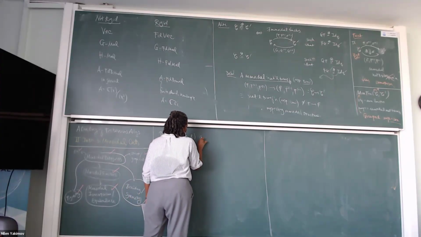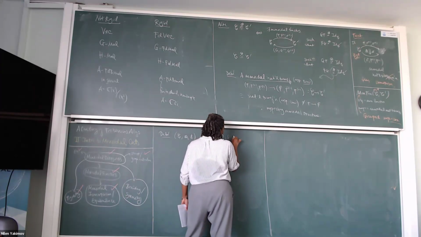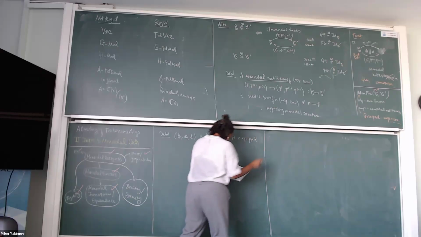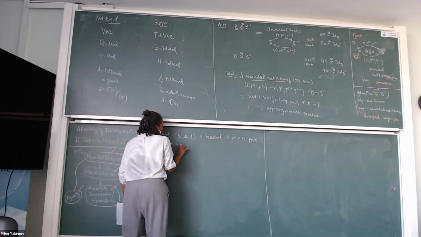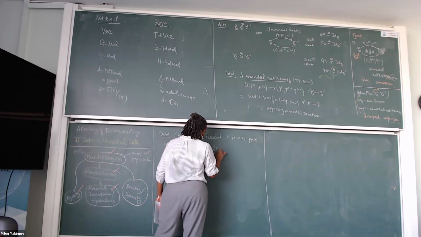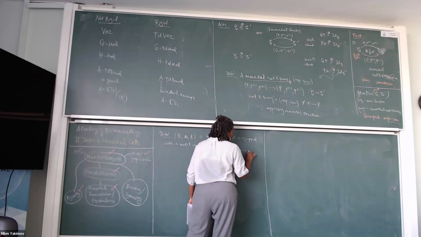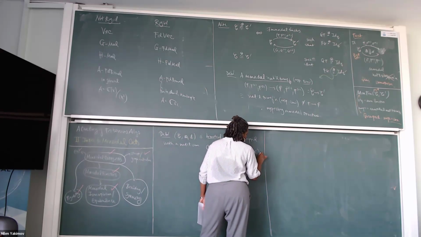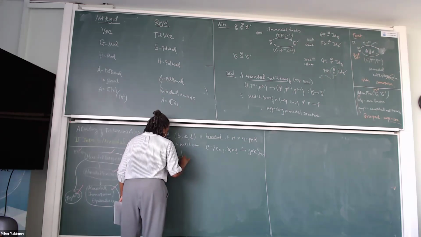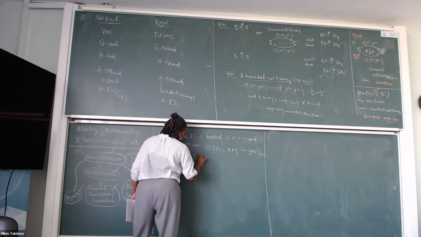I'm going to work in the strict case. This is braided if it is equipped with a natural isomorphism, which I'll call c, natural in X and Y. What that's going to allow us to do is take X tensor Y and very naturally send it to Y tensor X. The graphical calculus for this: I have X, Y being sent to Y, X. Typically, I write this like so.